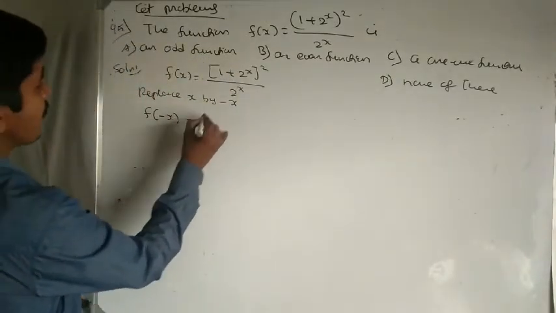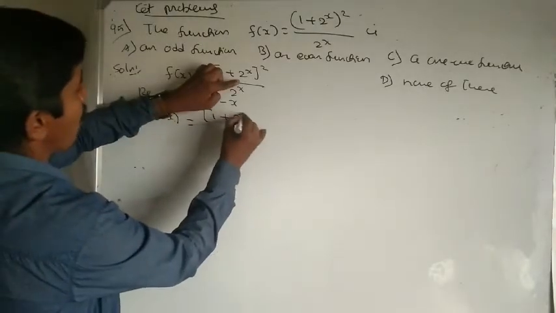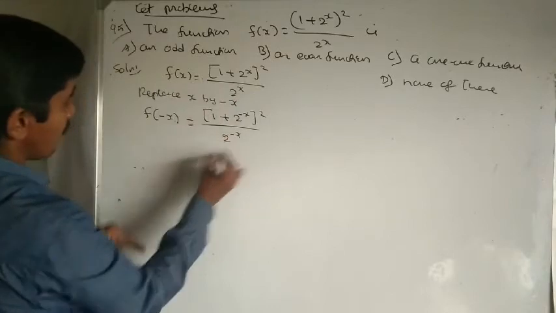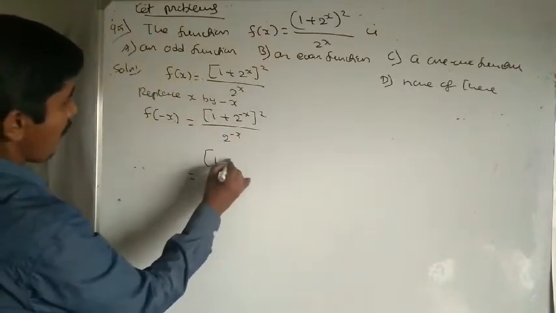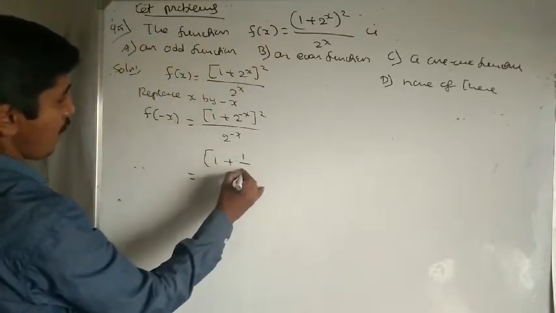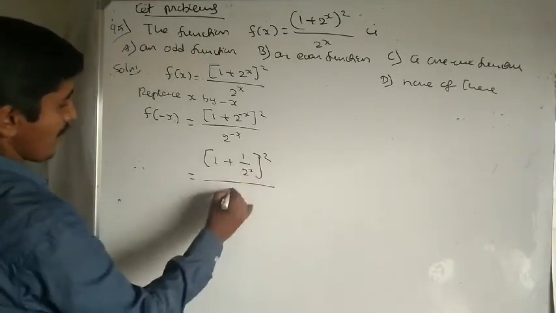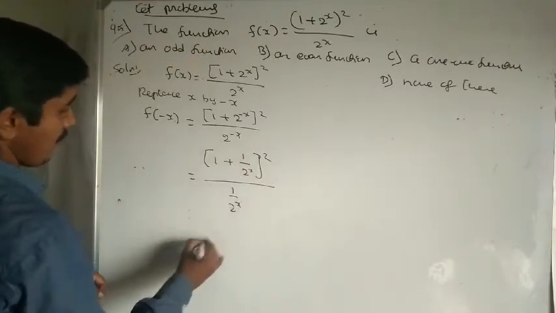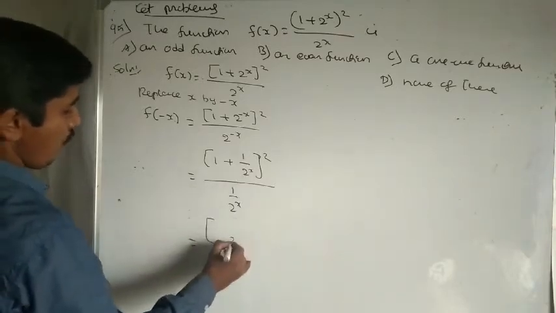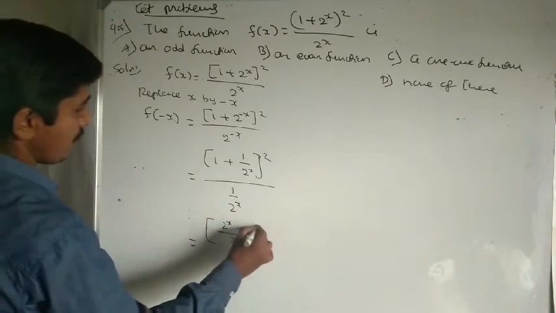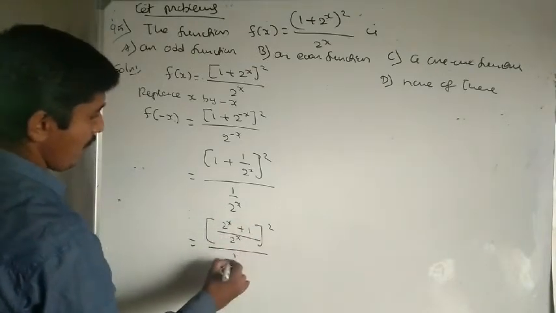F of minus x equals (1 plus 2 power minus x) whole square divided by 2 power minus x. 1 plus 2 power minus x can be written as 1 plus 1 by 2 power x, whole square, divided by 1 by 2 power x. Taking LCM, 2 power x: (2 power x plus 1) whole square divided by 1 by 2 power x.